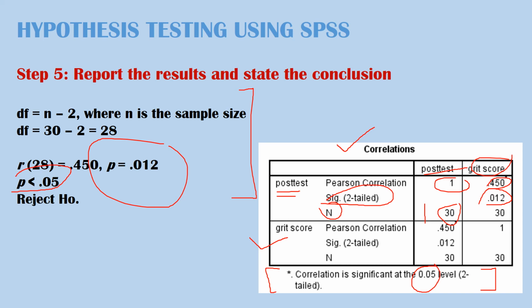And as a rule, when the p-value is greater than our alpha of 0.05, we do not reject H0. But if our p-value is less than our alpha value of 0.05, we reject H0.